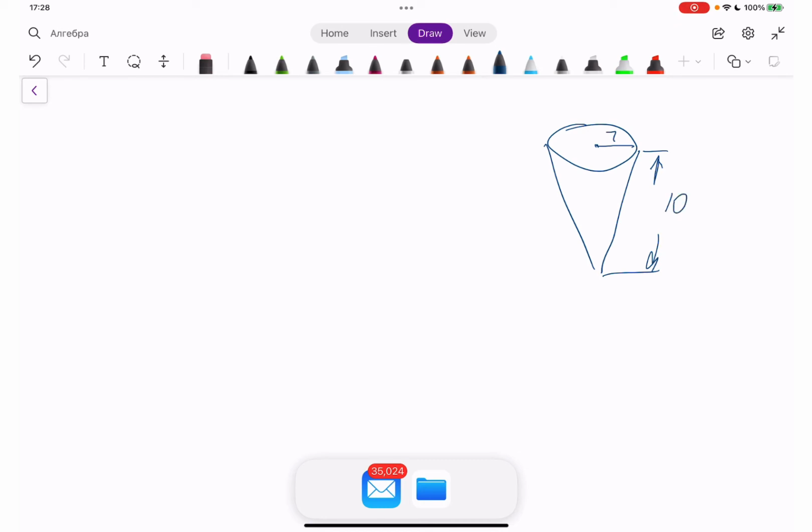Okay, the volume is equal 1/3 pi r squared times h. So pi r squared, this is the area of this circle, and times h, this is this height.